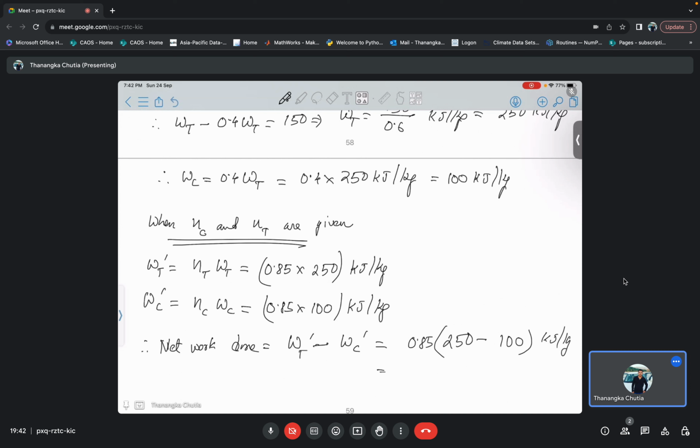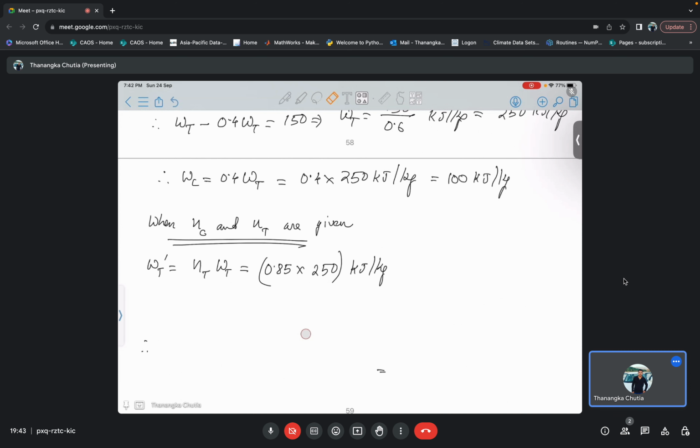I'm sorry, the compression is a bit of a trickier one. 0.85 into 250 is 212.5 kilojoule per kg. Now eta compression is equal to what?